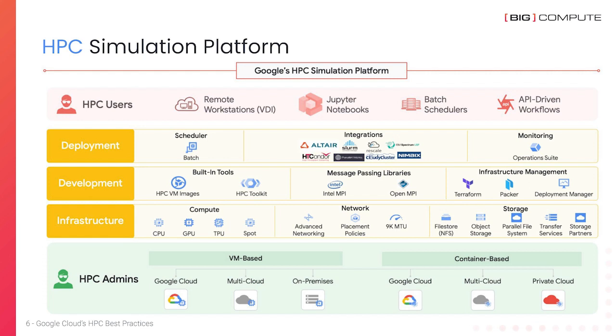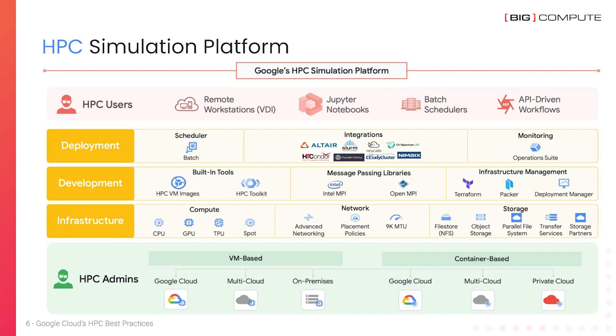Our HPC platform consists of 3 layers in yellow with our cloud infrastructure at the base, including compute, networking, and storage. Above infrastructure, we have development and deployment layers, which include partner integrations for essential elements like job scheduler, storage, or a complete HPC platform like what Rescale offers.